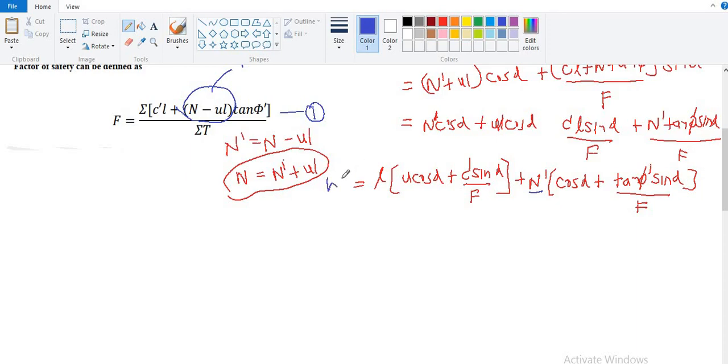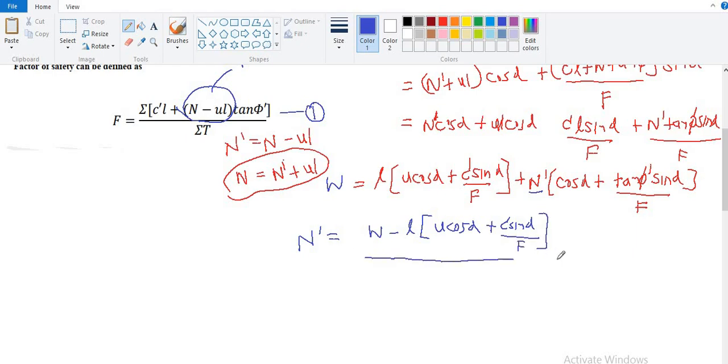We know this part is W. So N dash will be W minus L times u cos alpha plus C dash sin alpha divided by F. This should be divided by cos alpha plus tan phi dash sin alpha divided by F. So we have an expression for N dash.